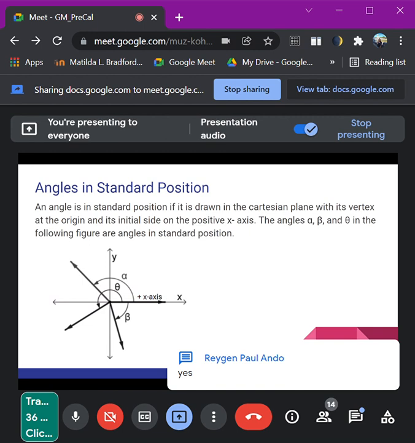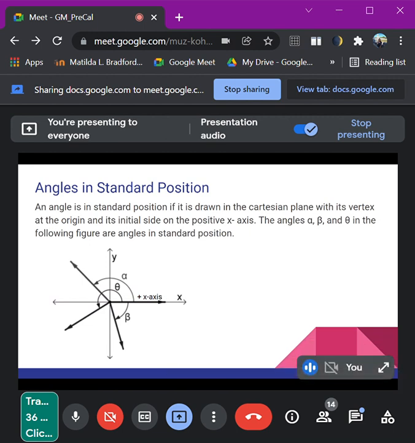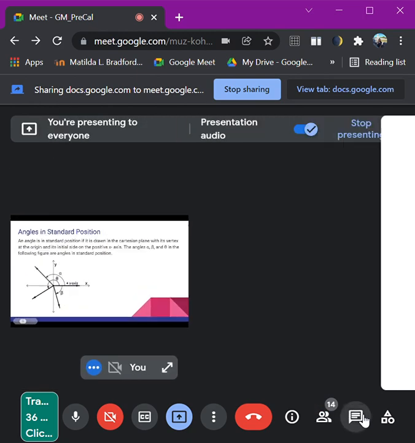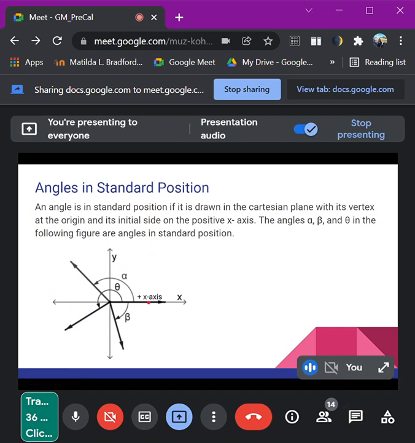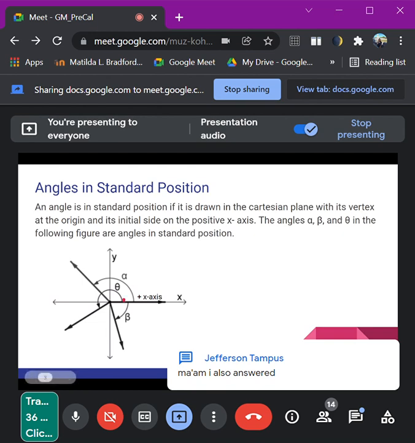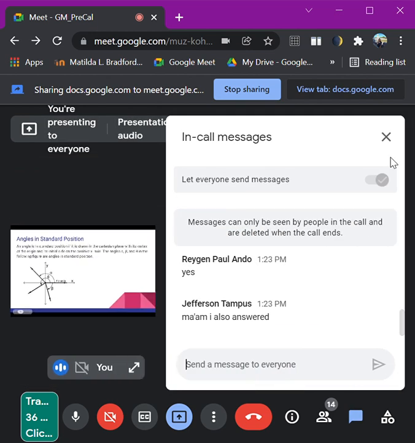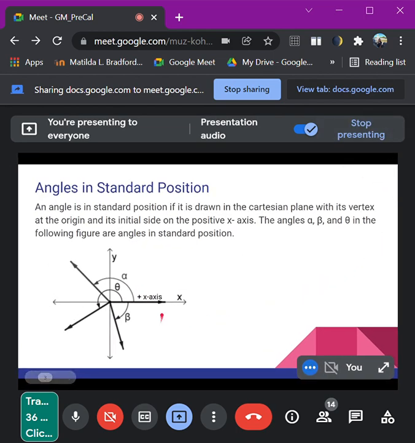Okay, yes, again, and that is correct. Since, as you can see, our theta started at the x-axis, it is also in standard position. Actually, it is given, class, that the angles alpha, beta, and theta in the following figure are in standard position, but I just asked to make sure you understood.